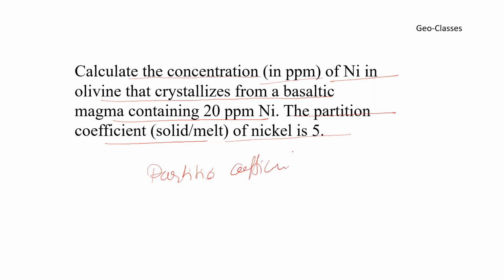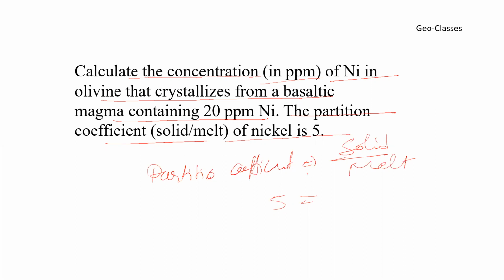So the value of this is given as 5, equal to solid upon melt. Look here, we have to calculate the concentration of nickel in ppm that crystallizes.